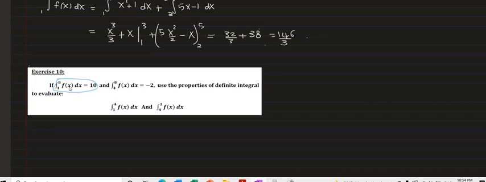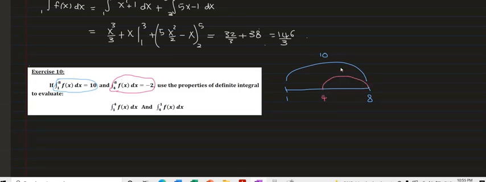So whatever f is, which is not given here, we know that the area under that curve from x equals 1 to 8 is equal to 10. And we are also given that for the same f, from 4 to 8 the integral is negative 2. Use the properties of definite integral to evaluate from 1 to 4.